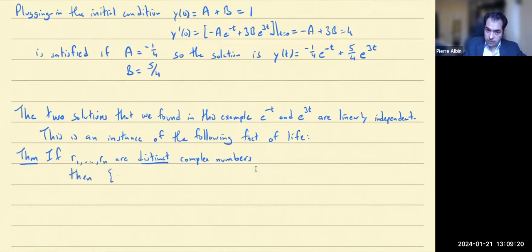Then the set of exponentials, y1 of t equals e to the R1t up to yn of t equals e to the Rn times t, is linearly independent.